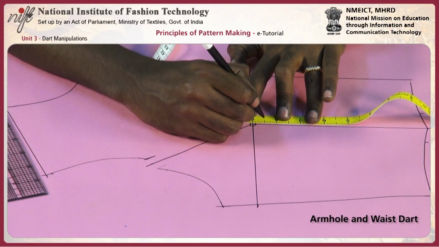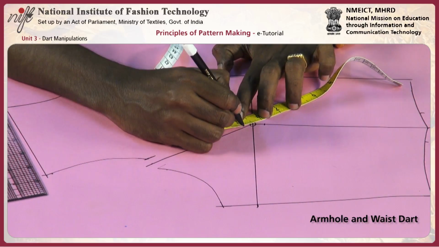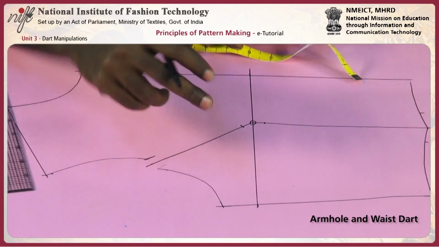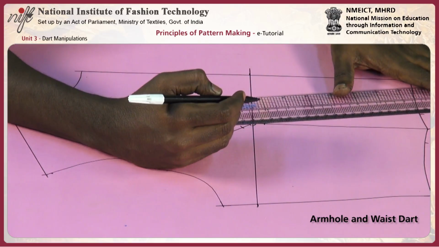To get a smooth effect, mark half an inch inside from the bust point for both armhole dart and waist dart. Draw the dart legs.